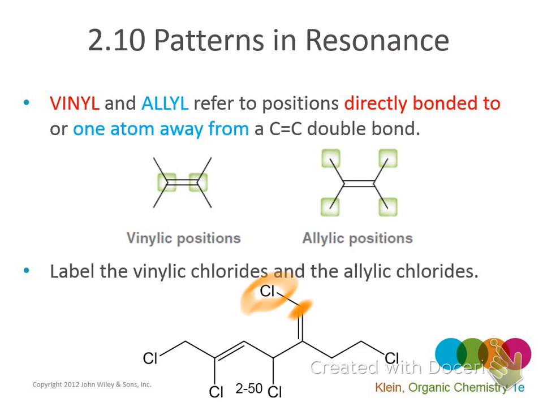So what does that make it? It's vinyl. If it's attached to the double bond, it's a vinyl position, okay? And this is attached to the vinyl position, so it's allylic. So if you're one away, that's an allylic position. If you're on the double bond, then it's a vinyl position.